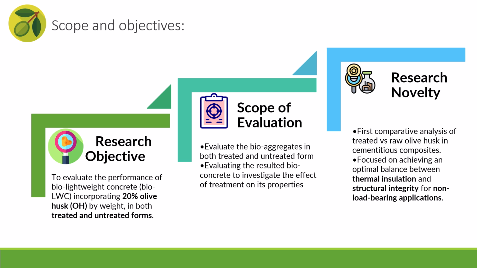Second, we integrated these olive husks in bioconcrete matrix formulations and evaluated the resulting composites in four main performance domains: physical, thermal, hygric, and mechanical behavior. By comparing untreated and treated husk, the study aims to highlight how a simple thermal treatment can balance sustainability with structural performance, ultimately positioning olive husk as a competitive bio-based material for construction.